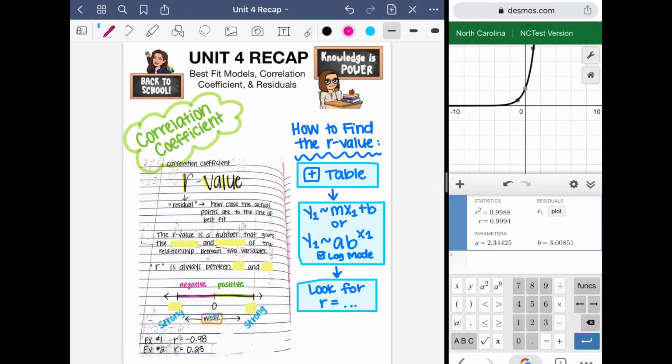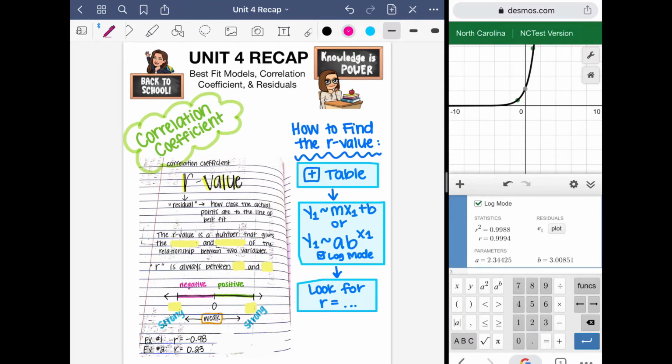Now we're going to talk about correlation coefficient. Correlation coefficient is another term for the R value. So the R value comes in Desmos. If you look here where it says R equals 0.9994, that is our correlation coefficient for the example we just did with that exponential table.